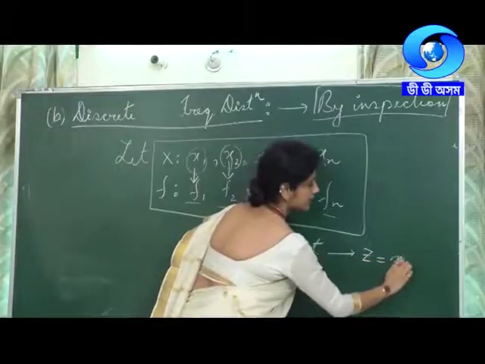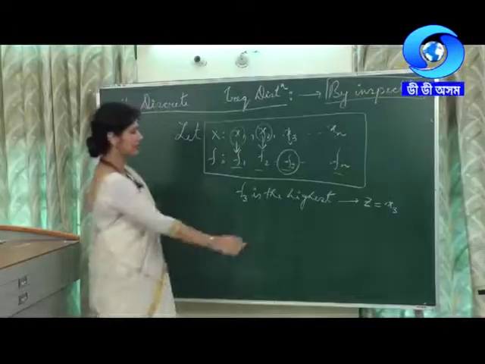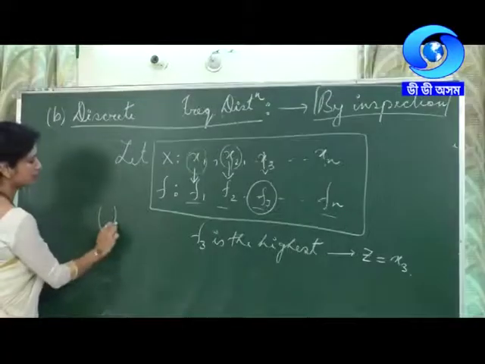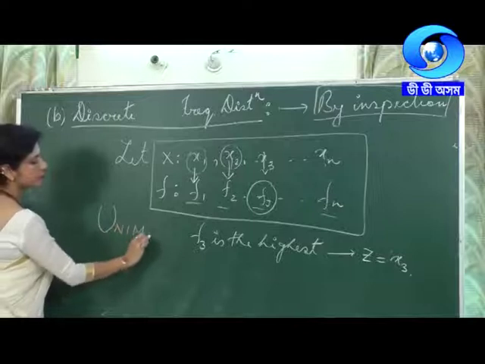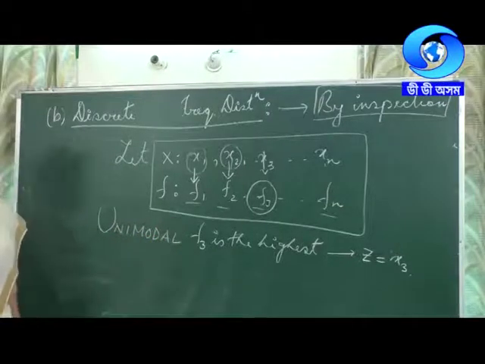Mode will be x3. Then we call this particular distribution unimodal, if there is only one mode we will call it unimodal.